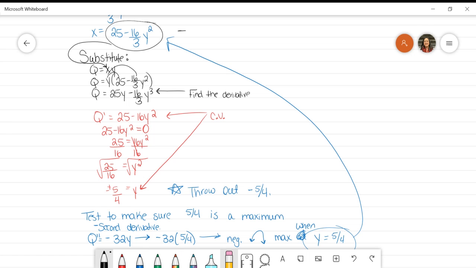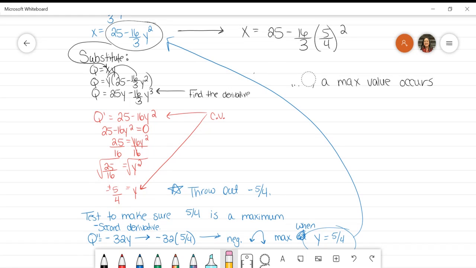So if I come over a bit, that also tells me that x is going to be equal to 25 minus 16. Erase this. Let's go through this one step at a time, because I have a feeling I just put the wrong value down. So this is going to be x equals 25 minus 16 thirds, and that's going to be 25 times 16.